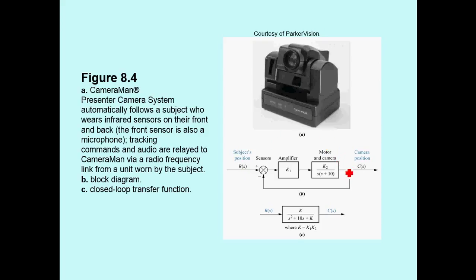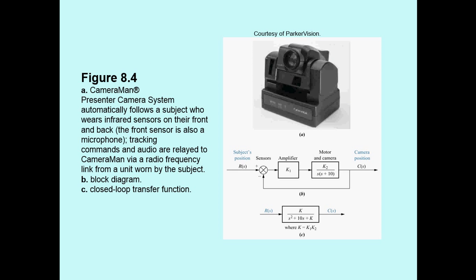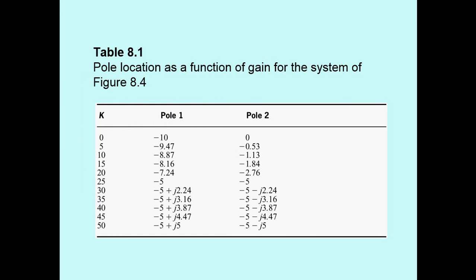You have the system, feedback, and then the amplifier here. This entire block diagram can be reduced to this transfer function. So if you make an evaluation, if you give, let's say, a value of k, this constant right here, if you give the value of 0, 5, 10, or so on, you will obtain the values of the poles in here.